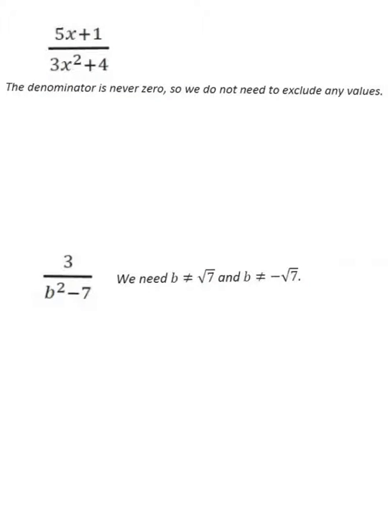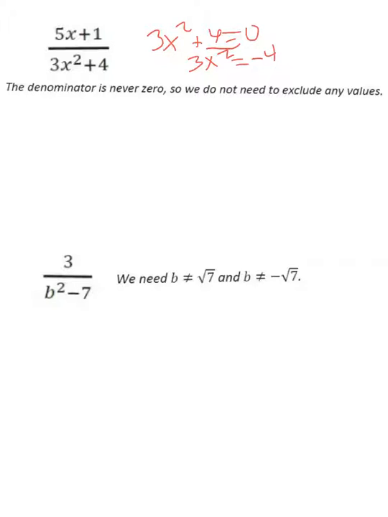Okay, so if I take a look at my next example here, 3x squared plus 4, you're looking like, wow, what could make that equal to 0? Well, stop for a moment. When you're not sure, you set the bottom, the denominator, equal to 0. And if I do that, I bring the 4 over, I get 3x squared equals -4.